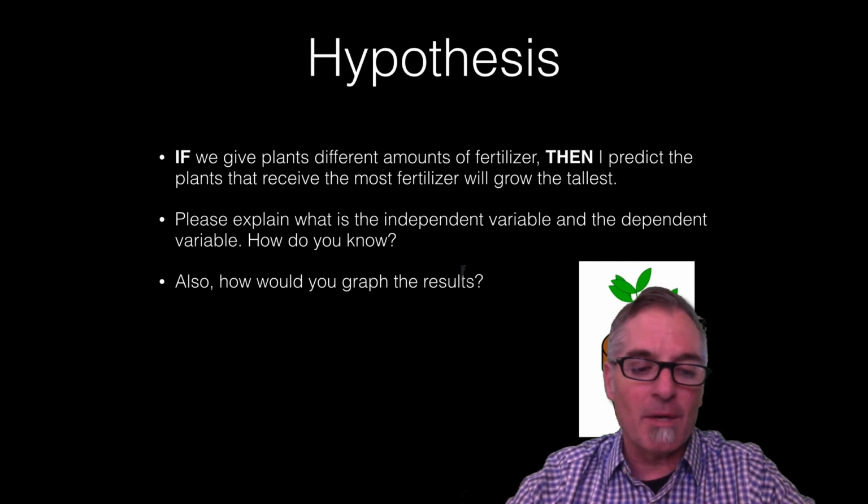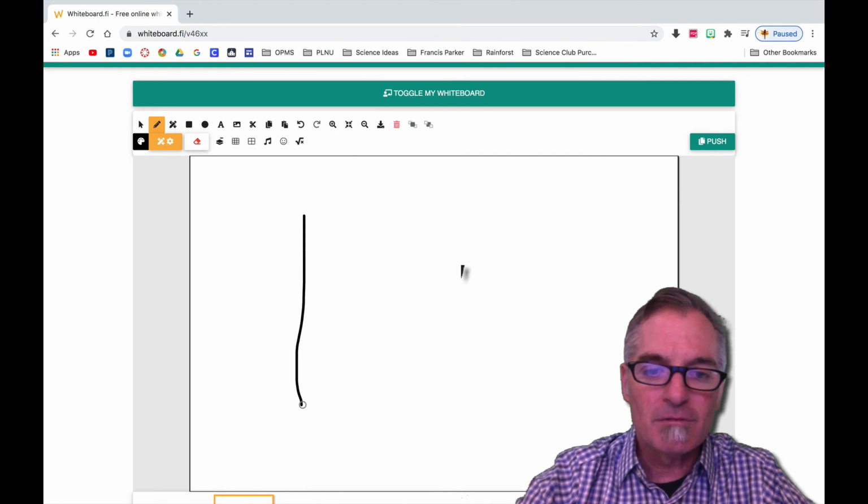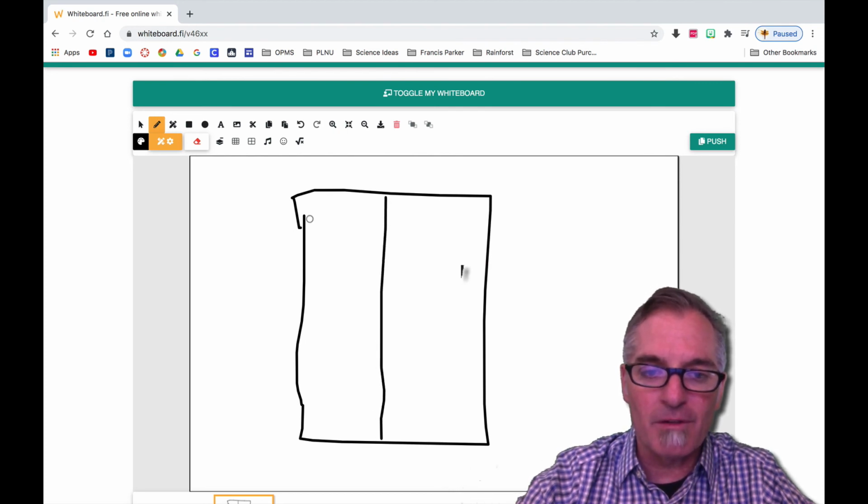Last thing I just wanted to point out is when you make a data table. So let's say in this last one it was the amount of fertilizer. And then the other one was the height, and it was in centimeters, right?